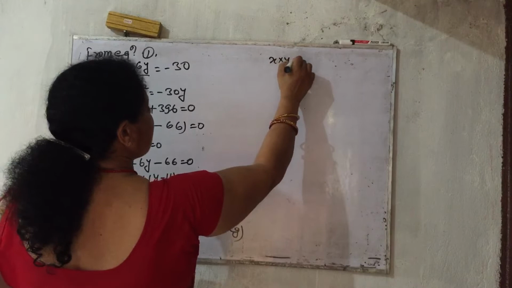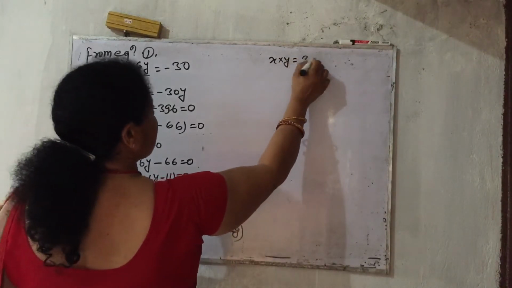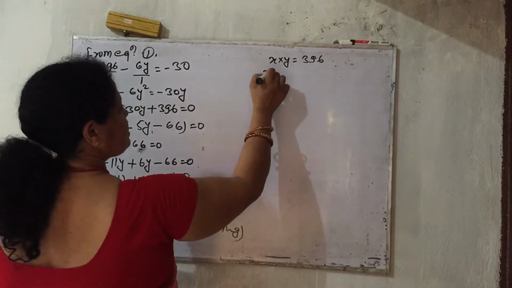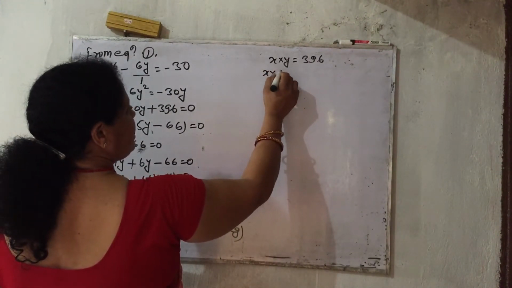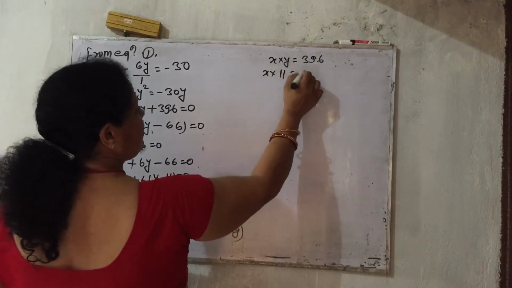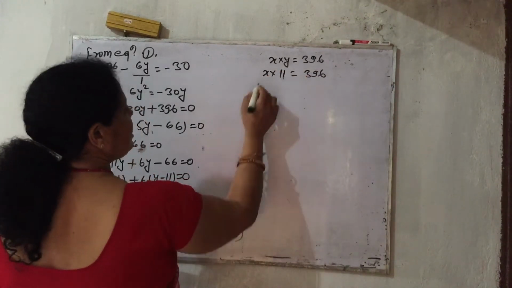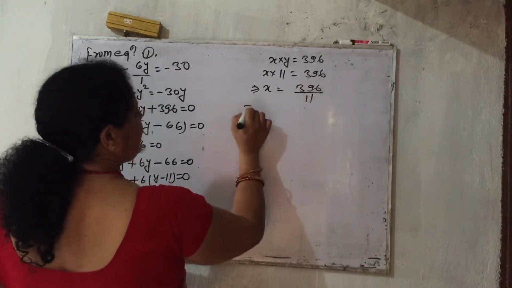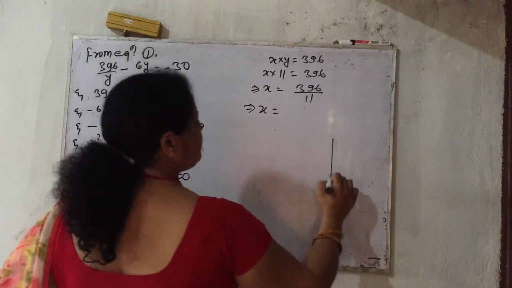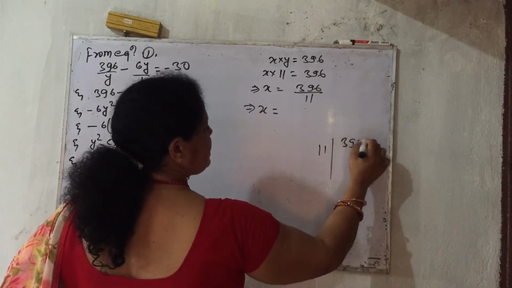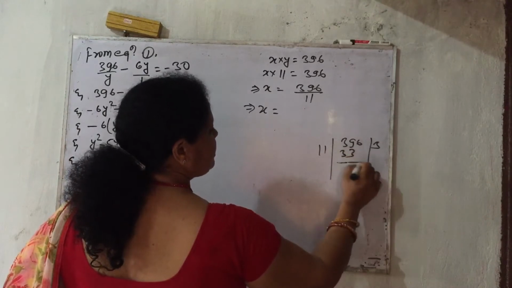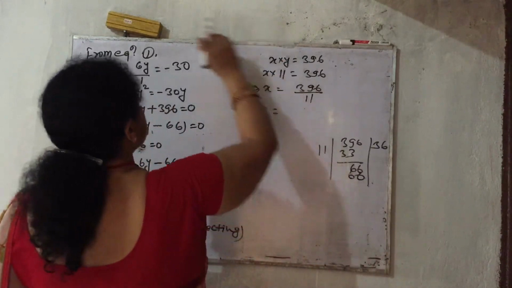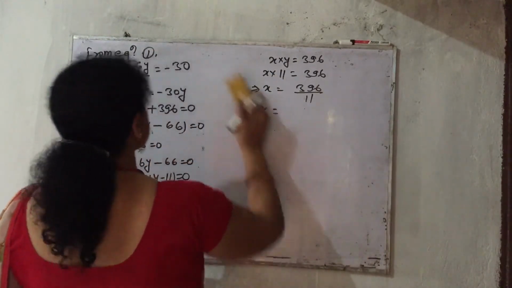And our second equation was X into Y equal to 396. So the value of Y we have got, X into 11 equal to 396. Then we will get X equal to 396 divided by 11. So X equal to, let's divide 396 by 11: 11 threes are 33, then 6, 11 sixes are 66, means 36 we got.